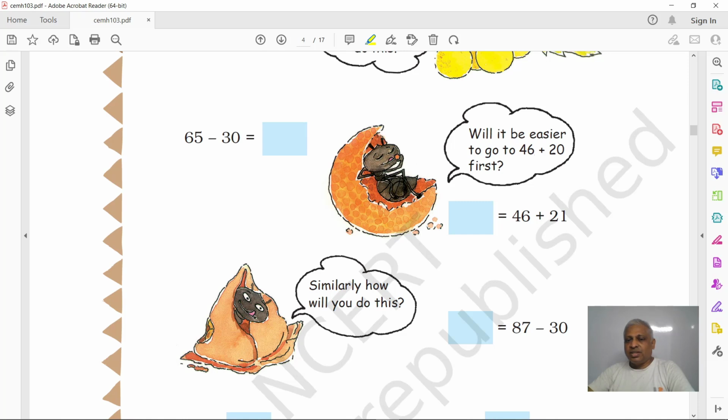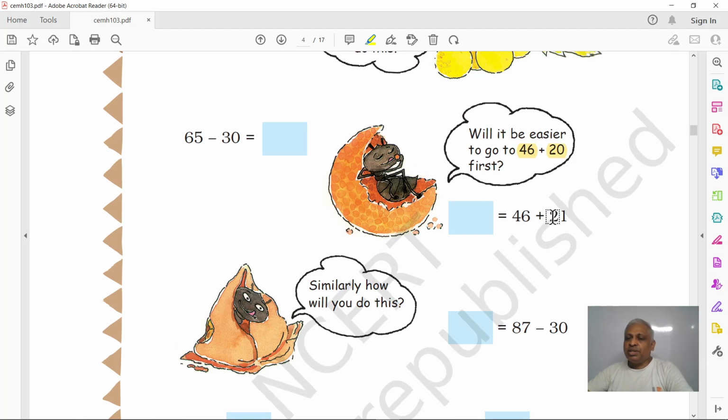So this one is asking, will it be easier to go to 46 plus 20 first? Yeah, easier if you know. The problem here is 46 plus 21. So how we can make shortcuts? This is asking, adding 46 and 20 is easier, right?